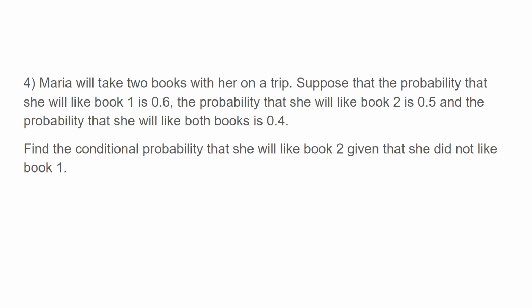Maria will take 2 books with her on the trip. Suppose that the probability she would like book 1 is 0.6 and the probability she likes book 2 is 0.5 and the probability she likes both the books is 0.4.